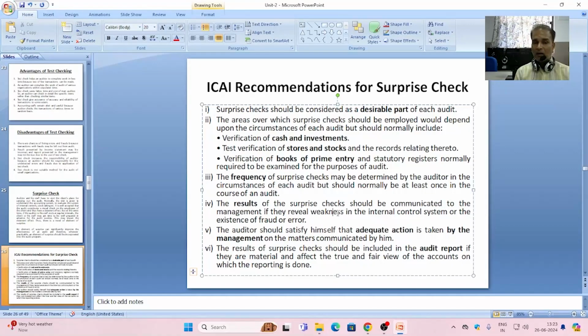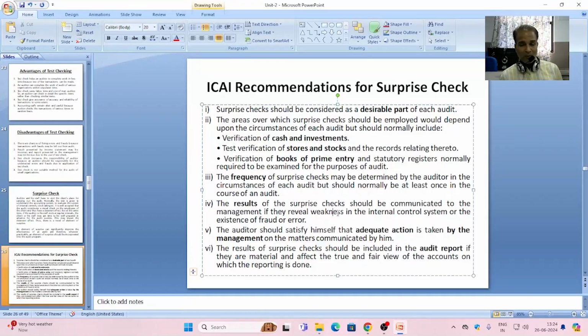ICAI also recommends in a final stage that the result of surprise check, if very important, should be included in the audit report by the auditor, if the deviation or the matter is material and affects the true and fair view of the books of accounts.